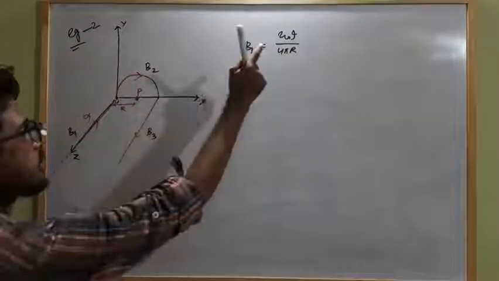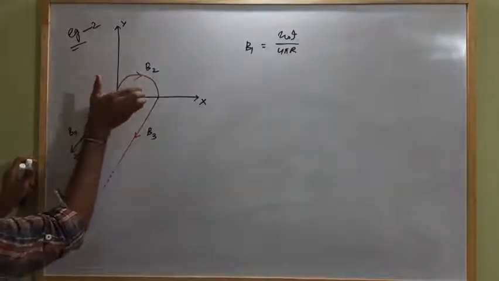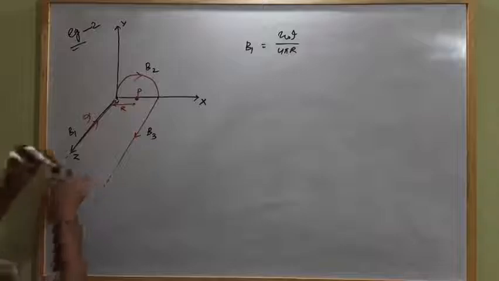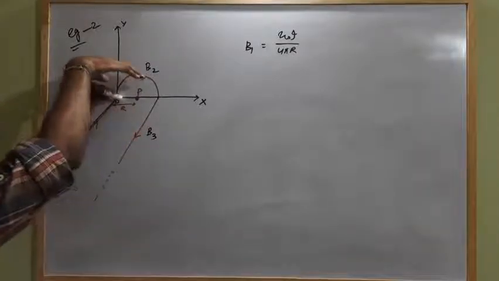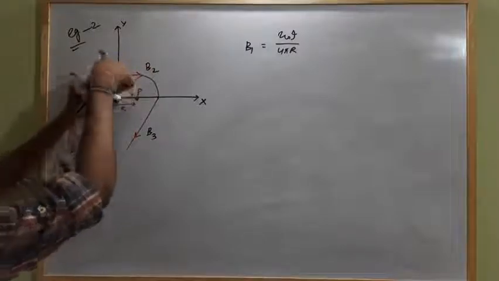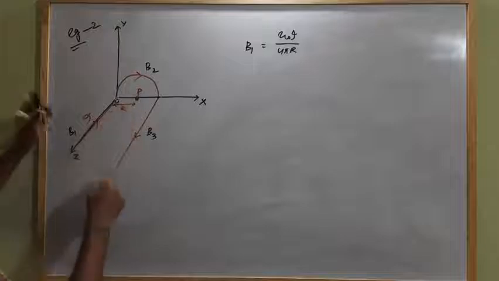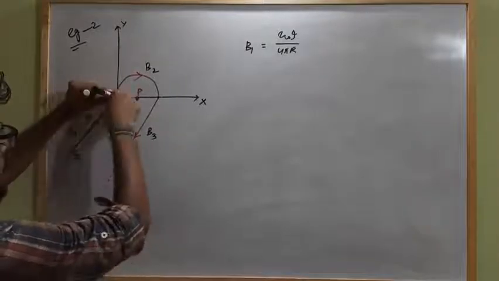and the direction of this will be, as current is along this direction, like this into the plane. That means the current is going like this, and the direction will be into this. So into this means it will be along which direction? At this point, this is the z axis, current goes like this.